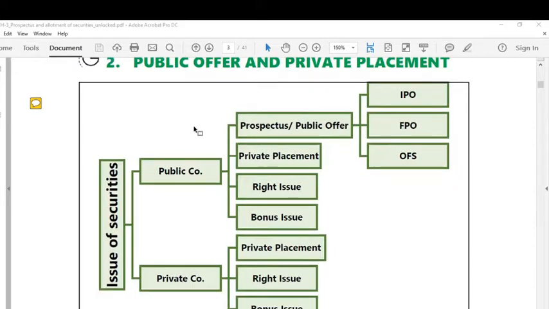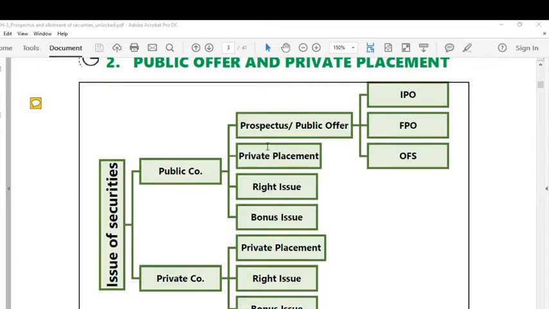If a question comes in this fashion, a student has to write what you mean by a public company and what you mean by a private company. And here there are four modes of issue of securities by a public company.